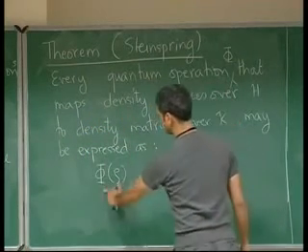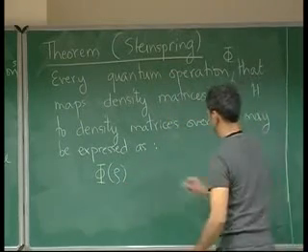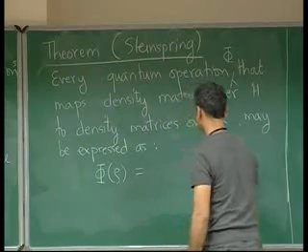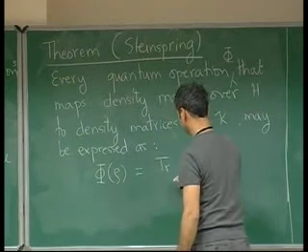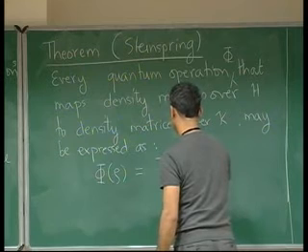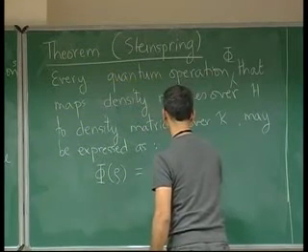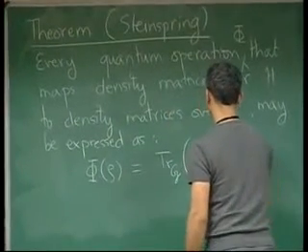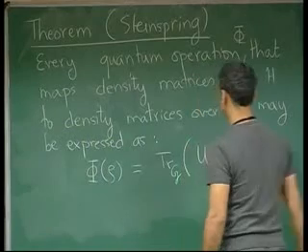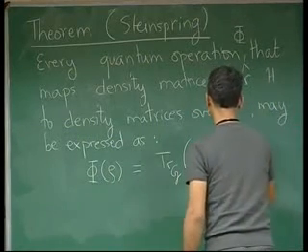The action of phi on a density matrix rho over space H can be written as the partial trace over some space, let's call it G, of a unitary U applied to rho.